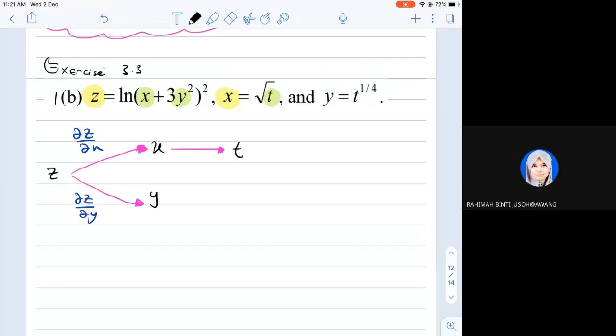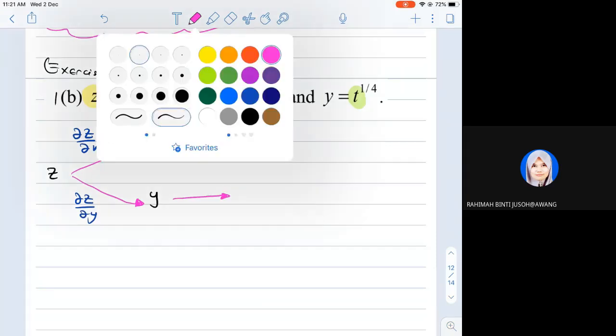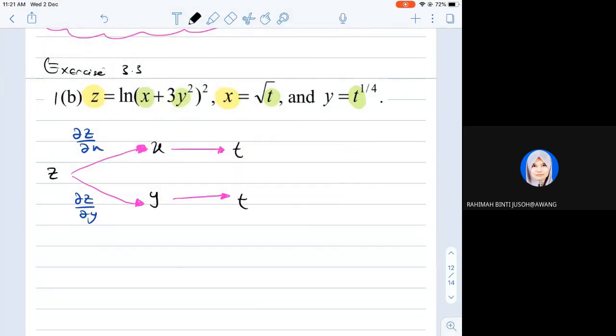The same thing happen here for Y. Y pun only one variable. So the branch from Y, we only have one variable T. Therefore the operator involved on this branch from X goes to T, we will have single derivative. So we will have operator dx over dt. Understand the differentiation between del and d?